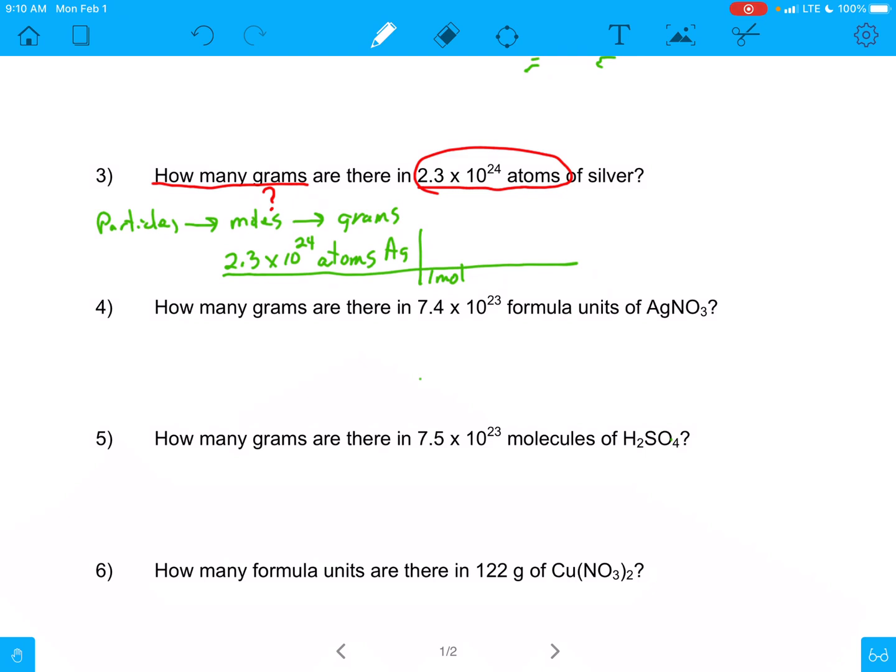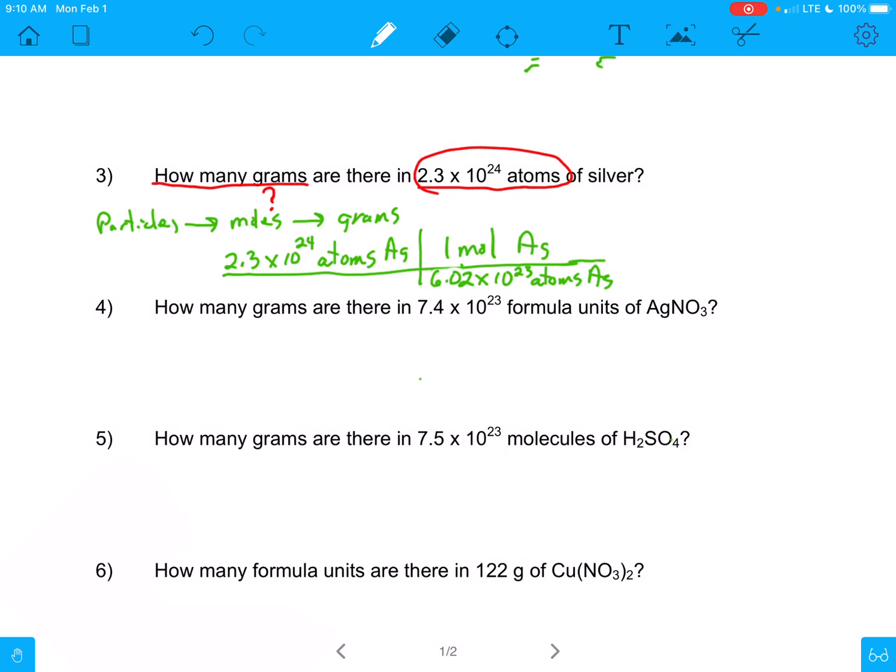Oh, wait a minute. We have to go from, not from there to there. Brain fart. We're going to have to go from atoms into moles. So I know that there are 6.02 times 10 to the 23rd atoms of Ag in every 1 mole of Ag.